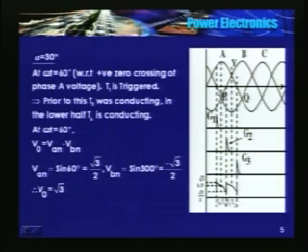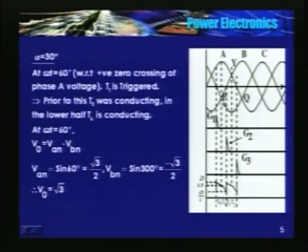So at alpha equal to 30, this is alpha equal to 0, alpha equal to 30, T1 is triggered, G1 is getting a trigger pulse. So prior to point P, T6 was conducting. At P, P is the reference point for 2.